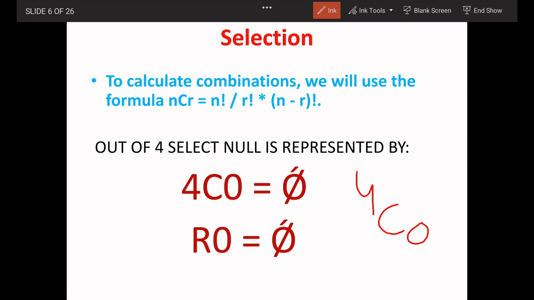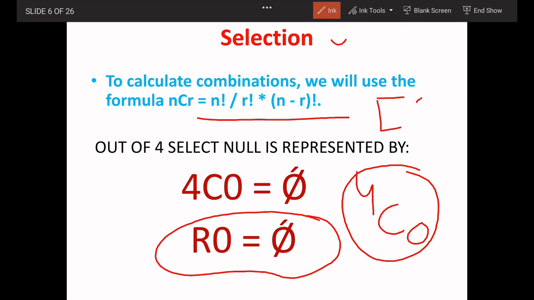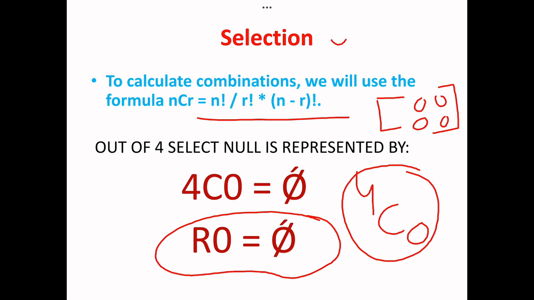What is nCr? nCr is equal to n factorial upon r factorial into n minus r factorial. So 4C0 means out of 4 you select 0, which we represent as null, nothing. Actually this is 0 0 0 0. Later we will explain what a matrix is.